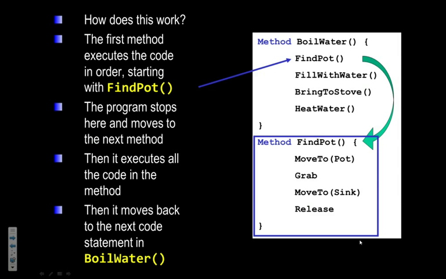When it gets down here, it might find another one, and it'll jump over to that one and start running it. But let's say it finishes all the code inside of find pot. Then it goes back to where it was and now goes to the next one. So now, by introducing methods, your code's going to be jumping around to different places. Okay? So it's a little bit harder to follow, but it's going to actually make the problem solving a little bit easier in its concept.